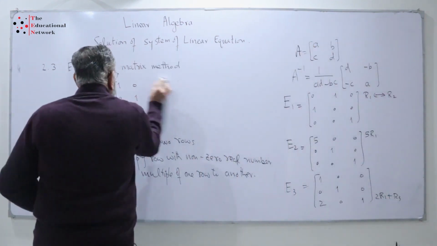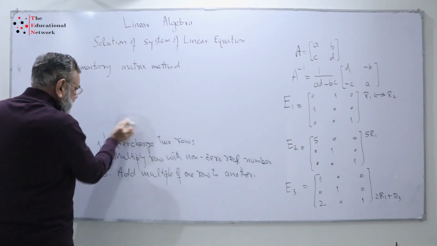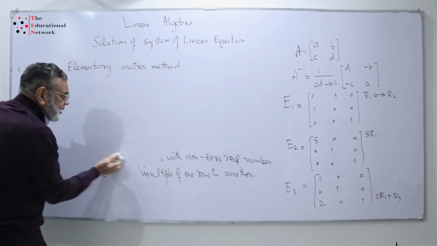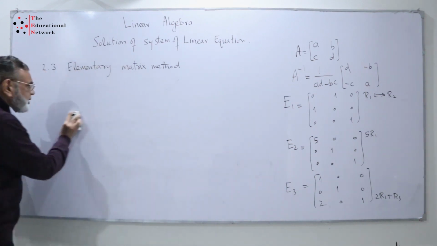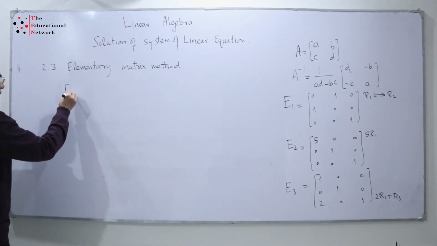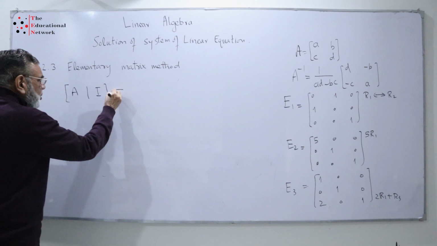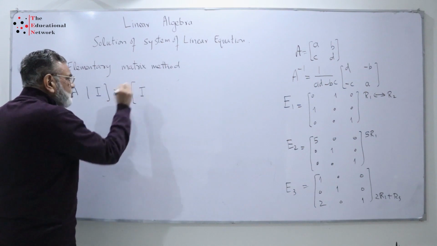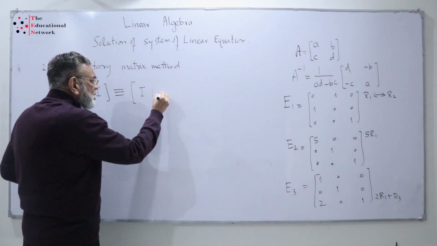Now, how we apply the elementary matrices to find the inverse of a matrix is very interesting. We take any matrix A, which, as I said, must be a square matrix if we want to find the inverse. I take the identity matrix of the same size and make row operations, and if I am able to change this A into the identity matrix, then my I is changed to A inverse.